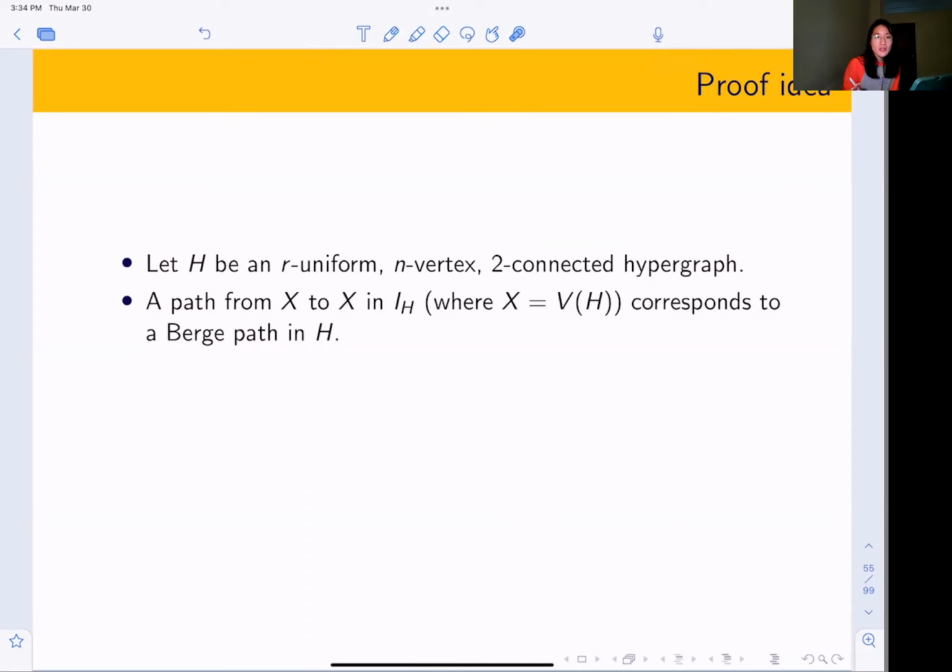We can observe then, if we look at the incidence bipartite graph, and I have some path from x to x, where x is representing the vertices, then this corresponds to a Berge path in H. I didn't define Berge path, but it's defined similar to cycles, exactly how you would expect it.